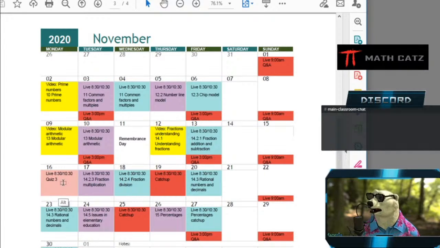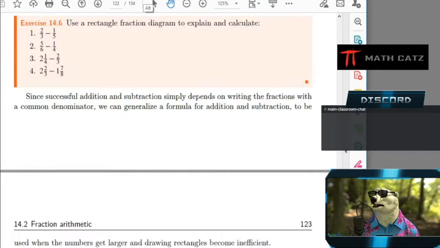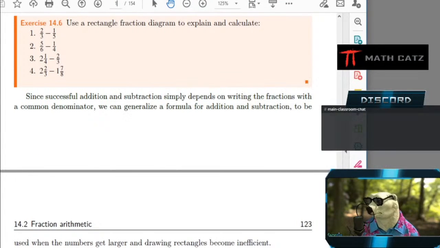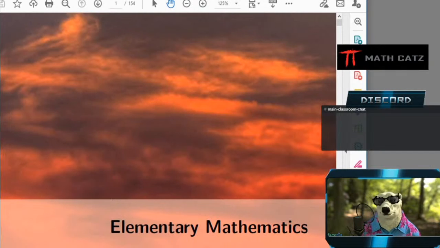We have our quiz 3 on Monday. Quiz 3 is going to go all the way up, not all the way. It's part 3. Let me get my mouse here.